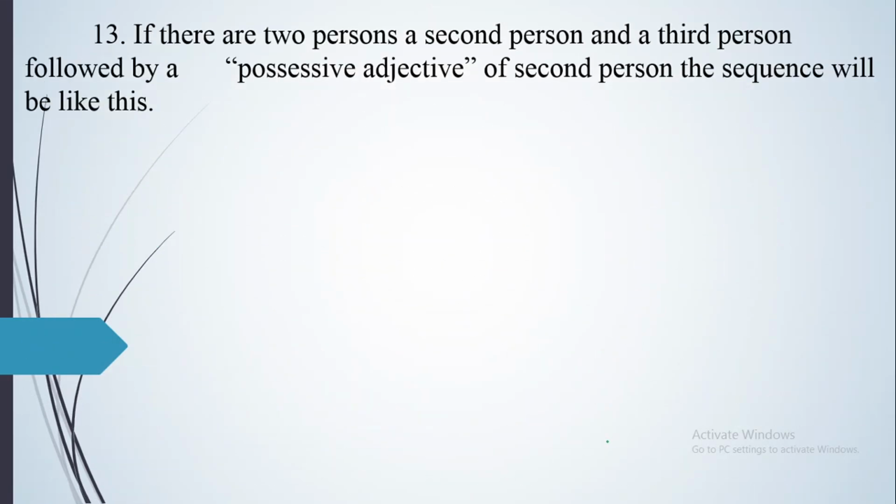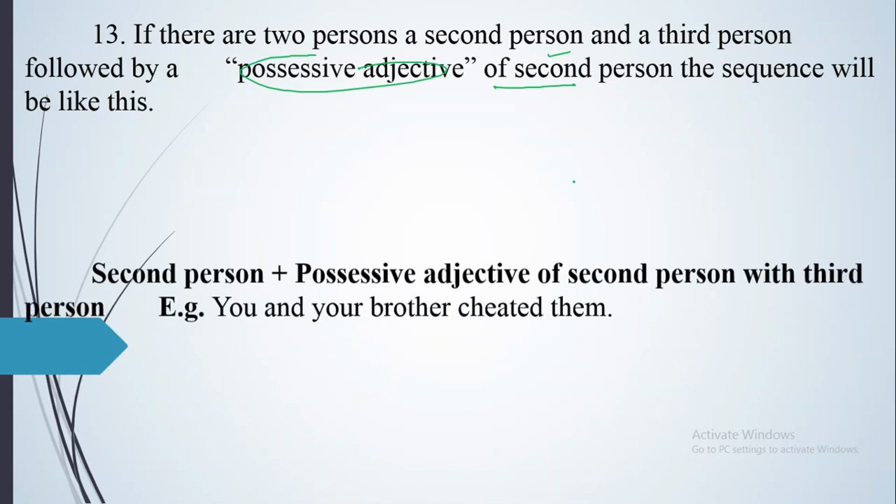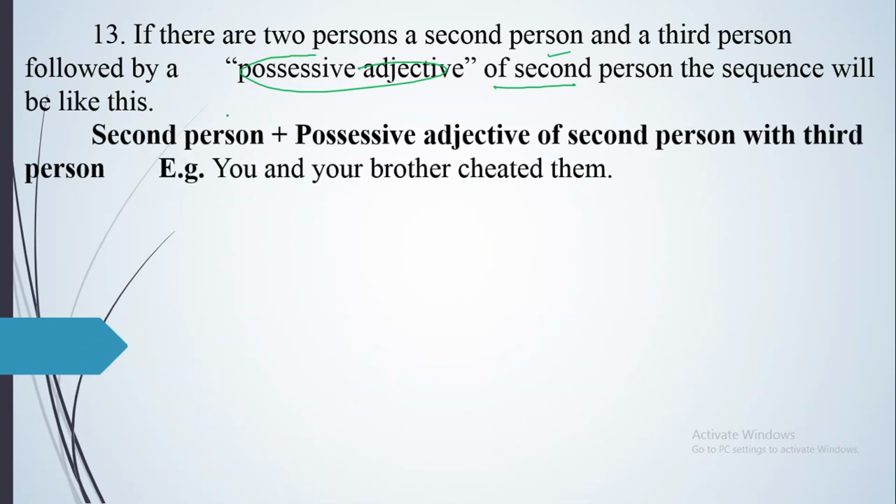We have got rule number 13. If there are two persons, second person and third person, followed by a possessive adjective of second person. So the sequence will be like this. You will bring the second person and then possessive adjective of second person with the third person.